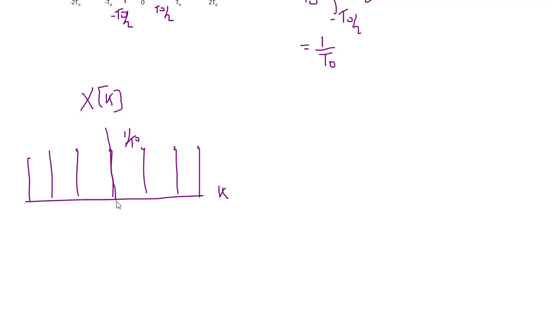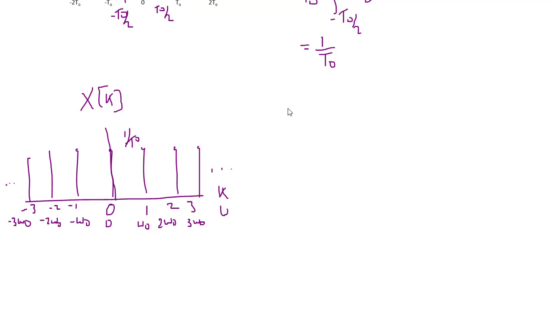And this is at the values of either k or omega. So in terms of k, I'd have 0, 1, 2, 3, dot, dot, dot, or 0, -1, -2, -3, dot, dot, dot. Or in terms of omega, it'd just be 0, omega naught, 2 omega naught, 3 omega naught. Or in the negative axis, negative omega naught, -2 omega naught, -3 omega naught.